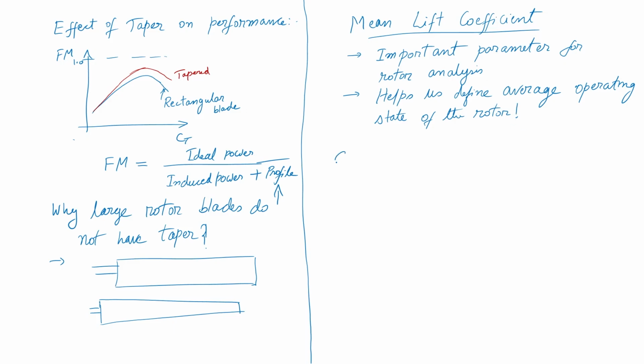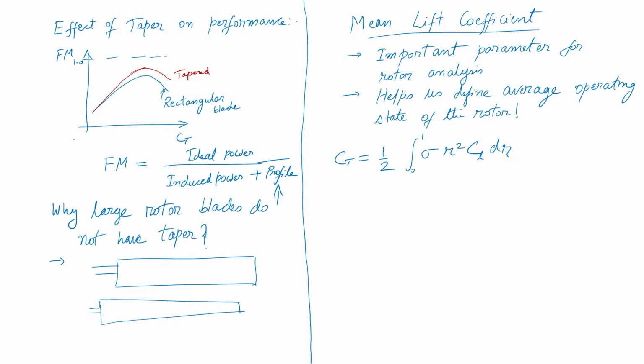Let us go back to my CT definition: half, integral 0 to 1, sigma r square CL dr. That is my simple expression. Now, we said that by using this ideal rotor and all, we could make all sections of the blade operate at the optimal angle of attack, but in reality it will not be there.